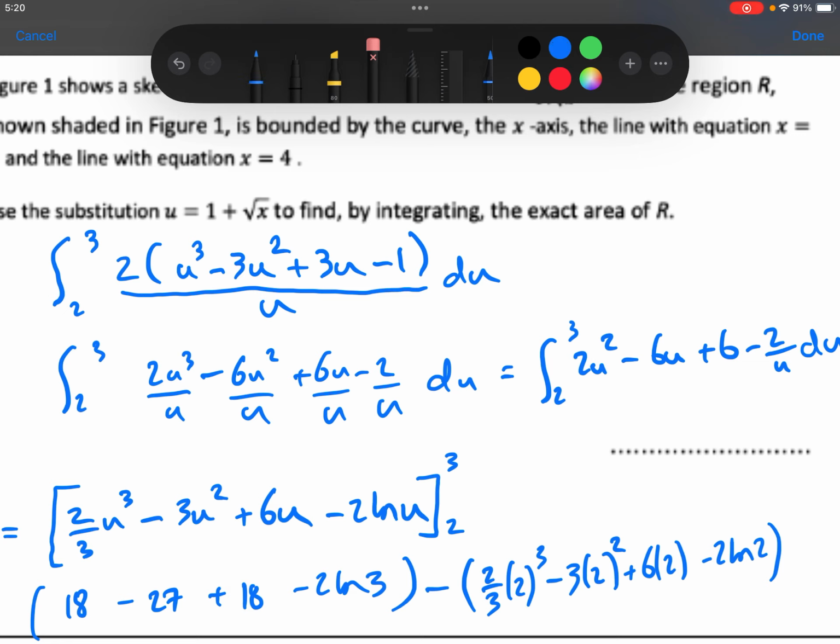Second bracket, the 2 cubed is 8 times 2 is 16, so we'll get 16 over 3. Two squared is 4 times the 3 is 12. Plus the 6 times 2 here is 12. And again, we'll leave the logarithm where it is there for now. I can see the minus 12 and the plus 12 there. They're going to cancel out.